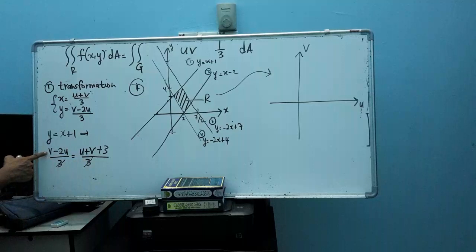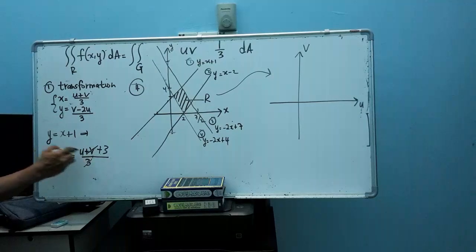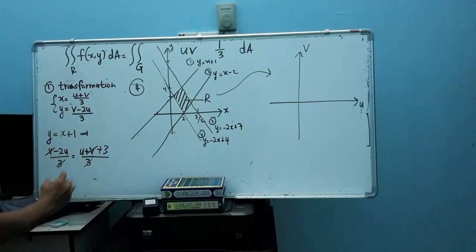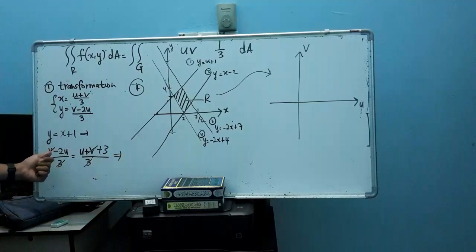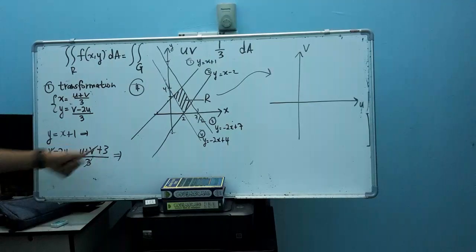Since I have positive v on both sides, I can cancel it. So the last one I will have minus 2u, u, so I have 3u equals minus 3.